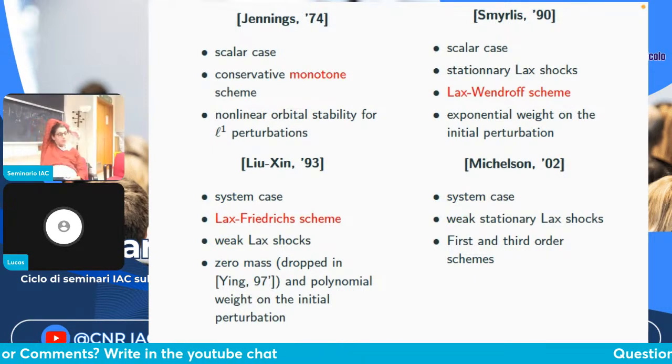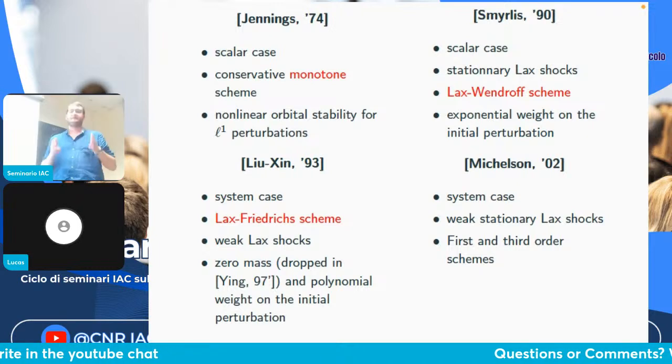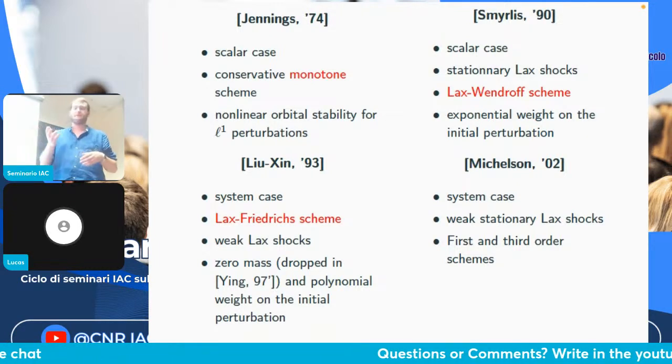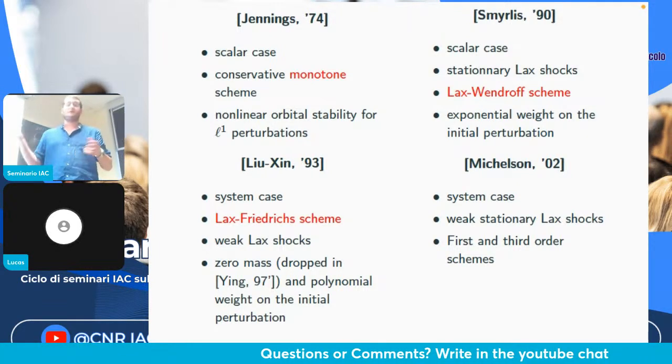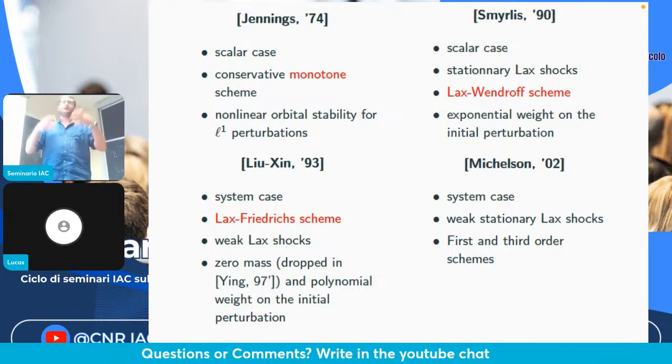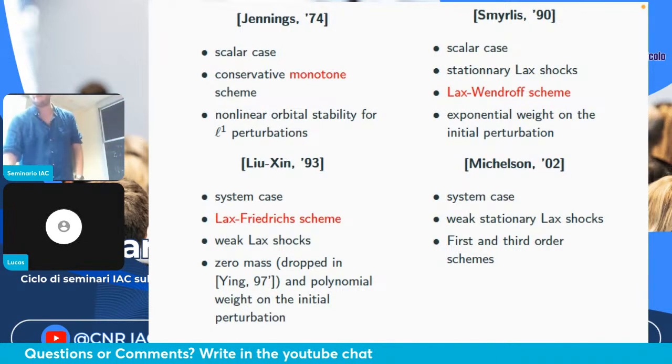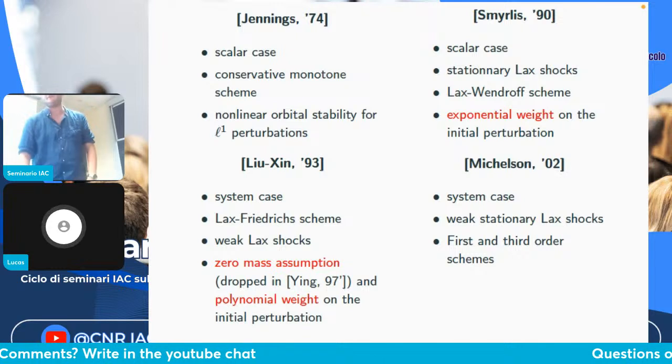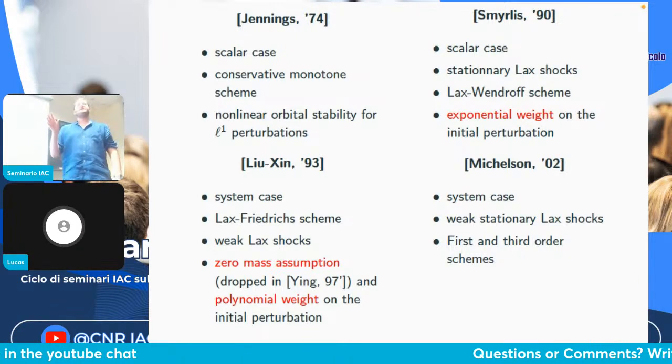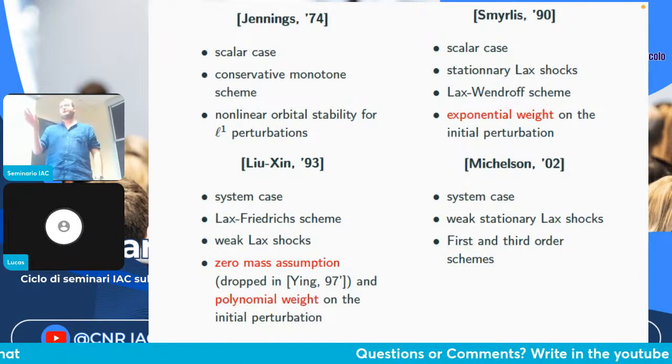The third limitation is that some results are limited to specific schemes. For instance, monotone schemes, the Lax-Wendroff scheme or the Lax-Friedrichs scheme, and you would want something more general. And finally, there are limitations on the choices of initial perturbations.